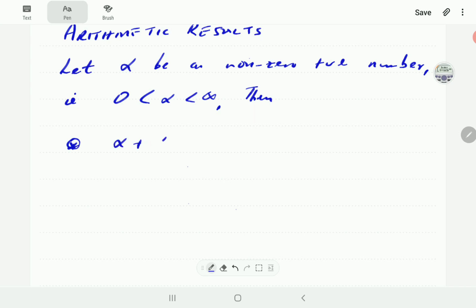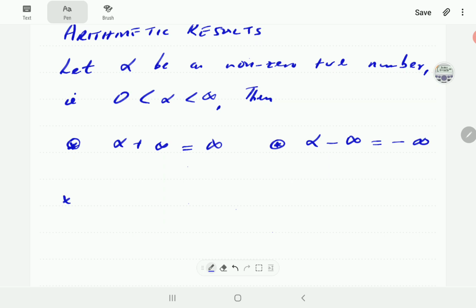So alpha plus infinity is going to give us infinity. In this way you can see that infinity is dominating the situation there. Also alpha minus infinity is just going to be negative infinity.